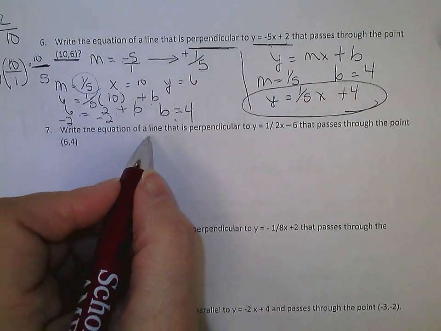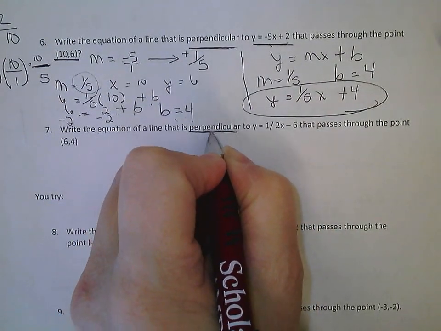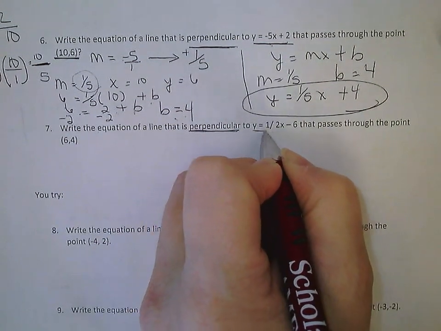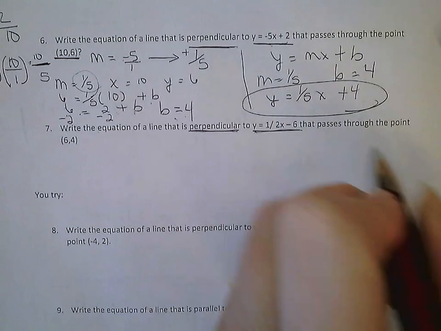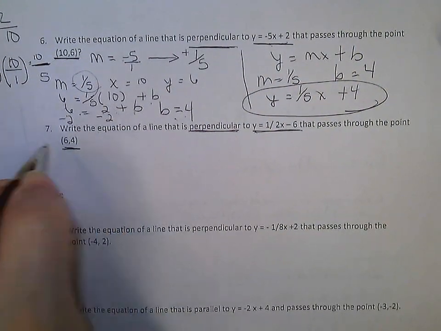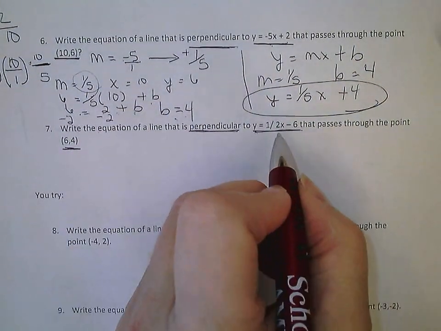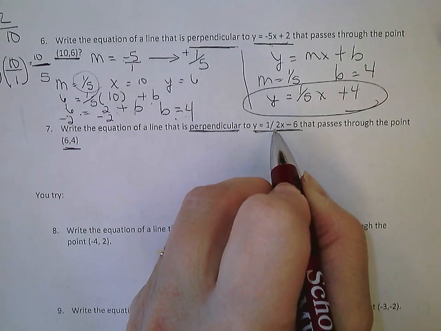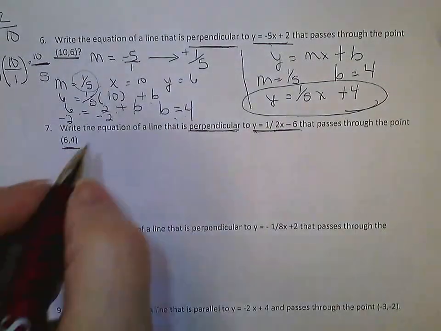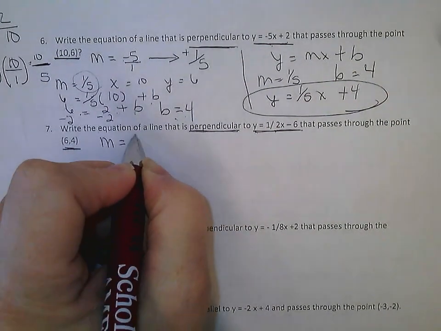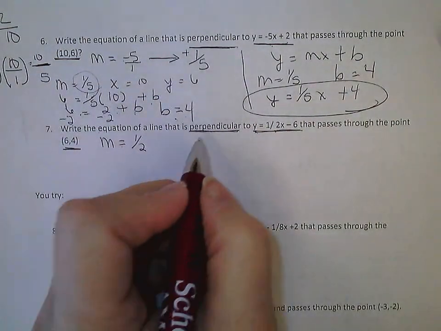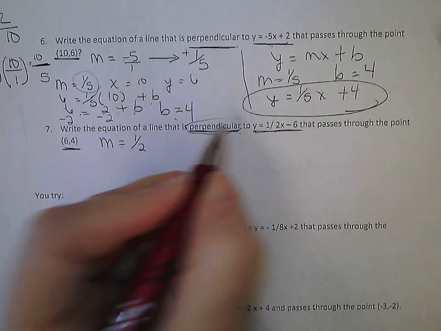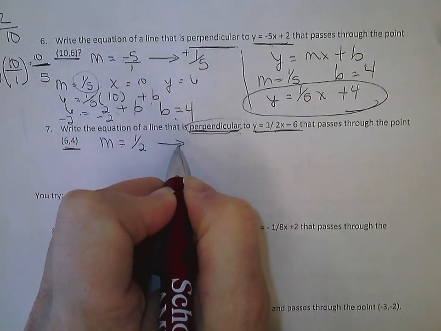Write the equation of the line that is perpendicular. There's one piece of information. The second tells us our line, and we want it perpendicular here. And then we have a point. So our slope, that's the only thing we pick out of this line, tells us that m is equal to 1/2. Because this information tells us we have to do perpendicular, we have to change it.